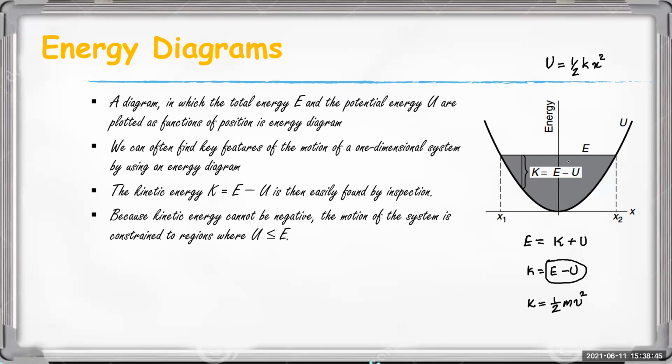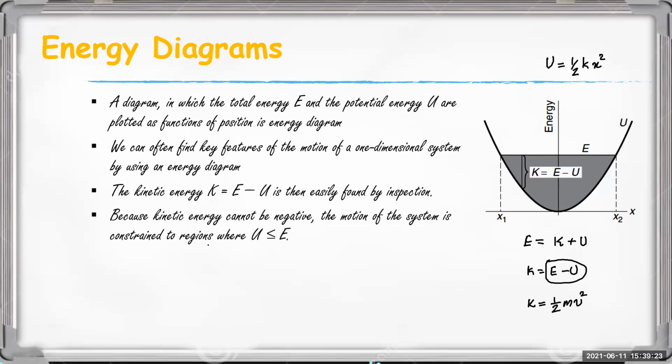The kinetic energy can be obtained as total energy minus potential energy, as we have discussed here. Then when we analyze this graph, we can obtain some key features.